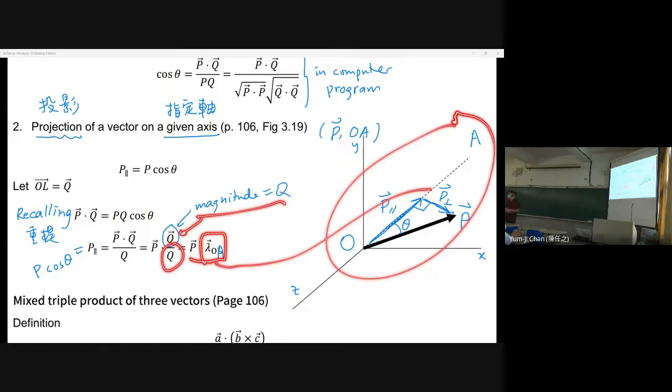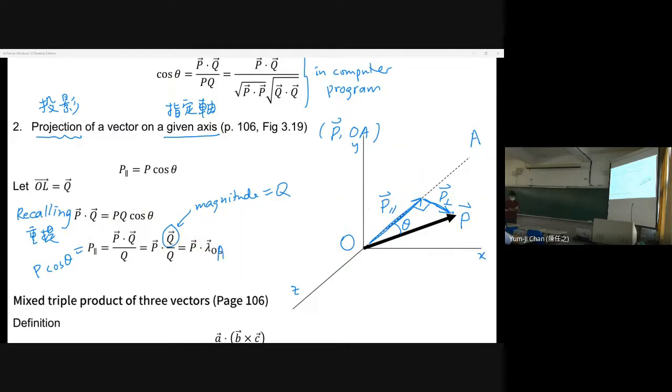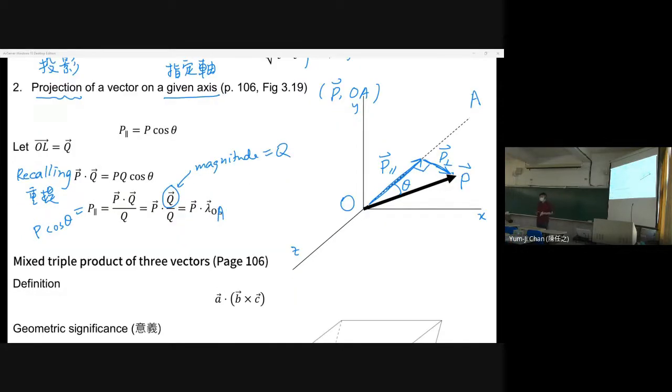We will use this next Tuesday. We have learned vector product and we have learned scalar product.